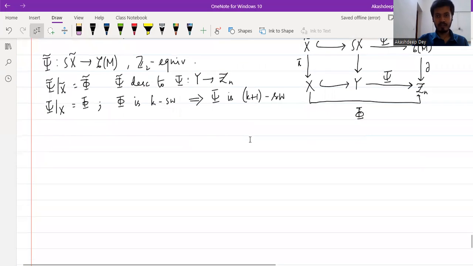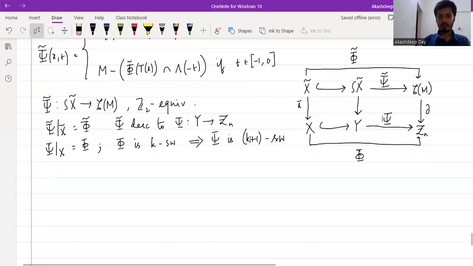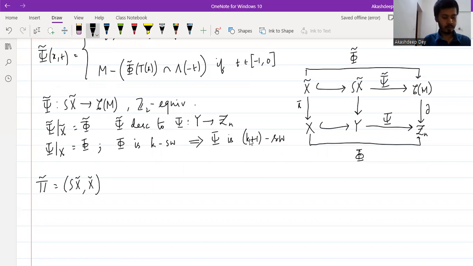So now we define Phi tilde to be the (Sx tilde, x tilde) relative homotopy class of psi tilde.